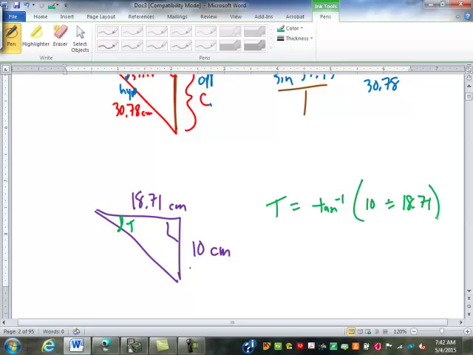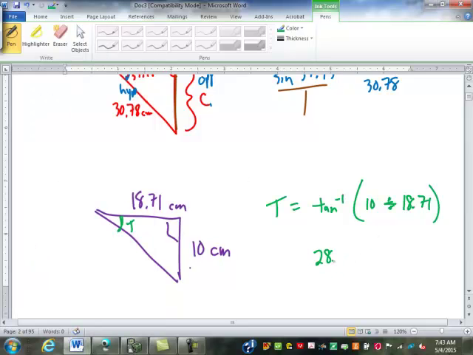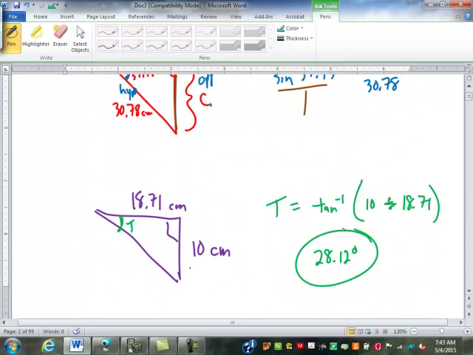Perfect. 10 divided by 18.71 is .12. So we have an angle of rotation of 37.43 degrees and an angle of tilt of 28.12.